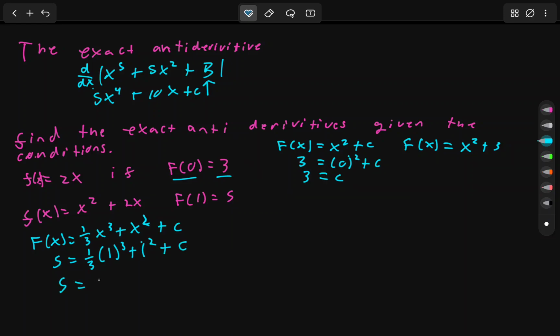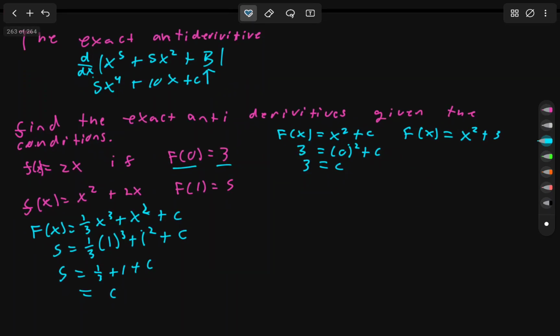So 5 is equal to 1/3 plus 1 plus c. So finally, subtracting this over to the other side, we get c is equal to 3 2/3. So for our exact antiderivative here, we get f of x is 1/3 of x cubed plus x squared plus 3 2/3 for our answer.